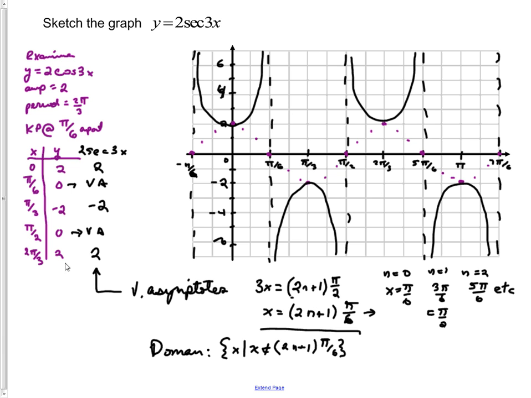And for our range, the cosine range in this function stayed between -2 and 2, so our reciprocal range for the secant will be -infinity to -2, union with the set from 2 to infinity. So this is how we can quickly generate a graph of a secant. It would work the same way for cosecant by using either the sine or cosine function to help guide it.